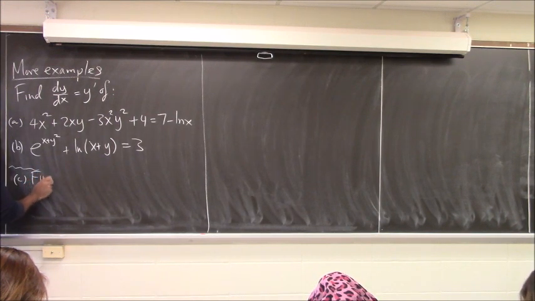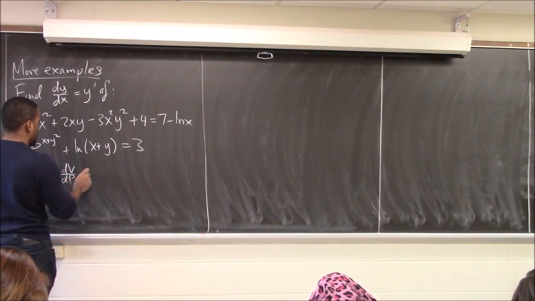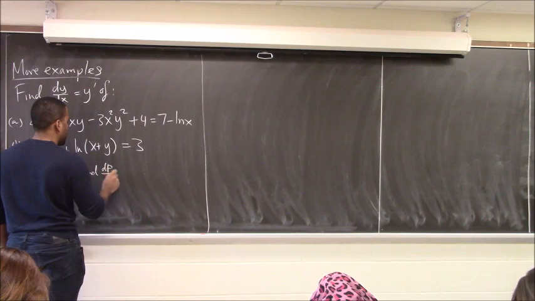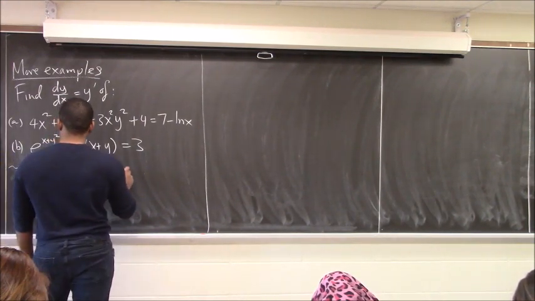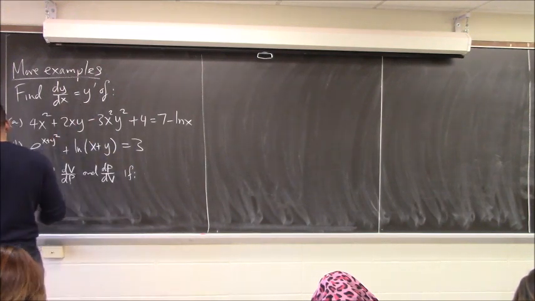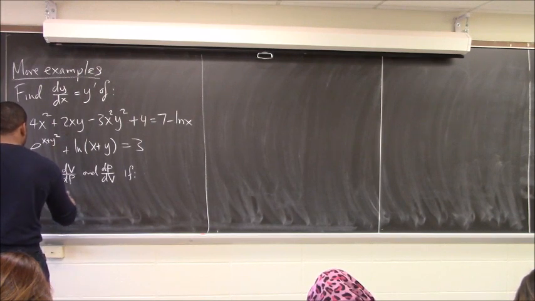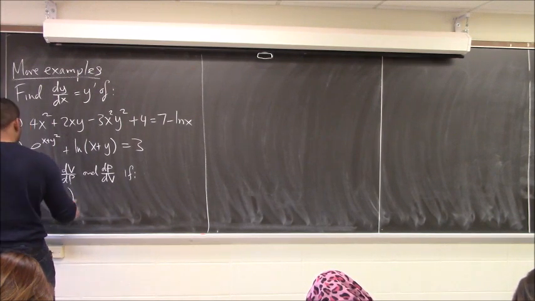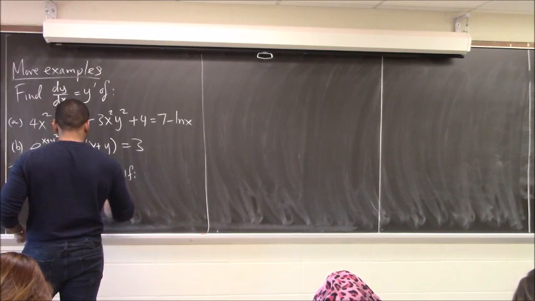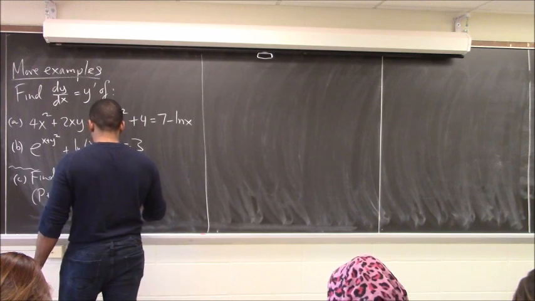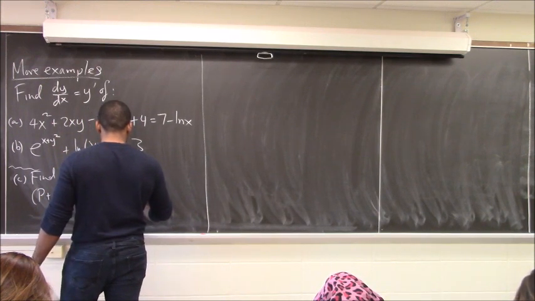Here, I'd like you to find these two guys, dV/dP and dP/dV, if (P + 5/V^2)(V - 0.03) = 0.7.